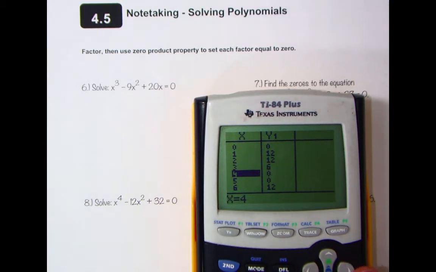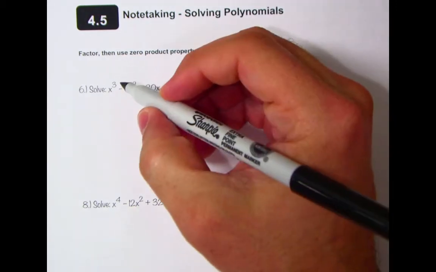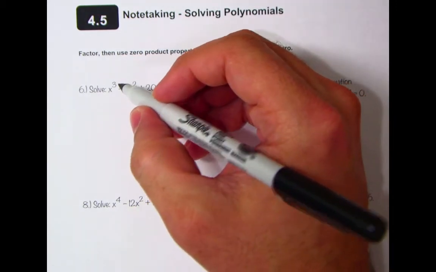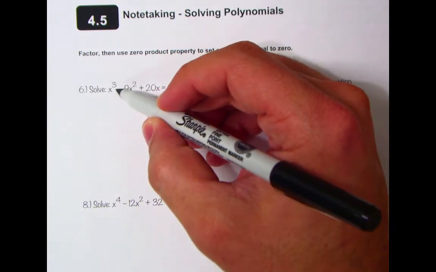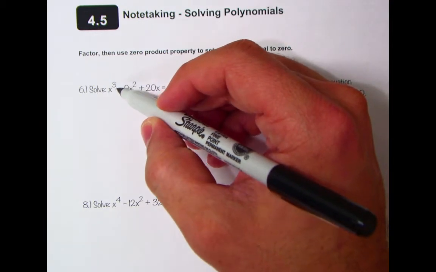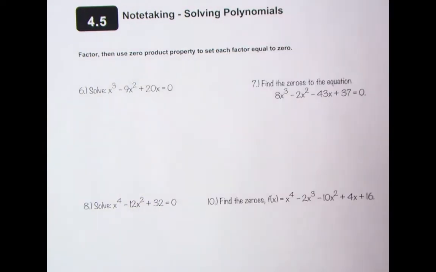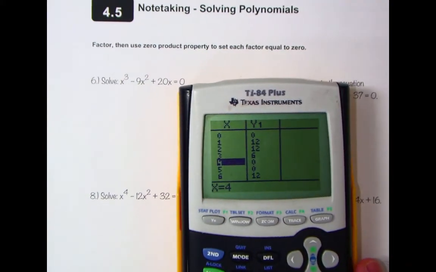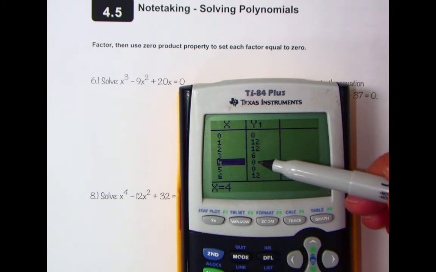One of the things you should know off the bat is an actual rule: whatever the exponent is, because this is x to the third, that tells you that you're going to have 3 solutions. Now, if I look at my graphing calculator and I can see all 3 solutions, and they're all whole numbers, then I don't need to do anything else.